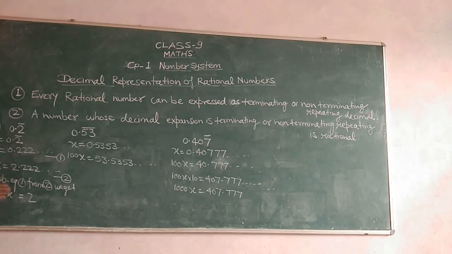So 10x minus x is 9x, which is equal to 2. So x is equal to 2 upon 9. This is the rational number 2 upon 9.